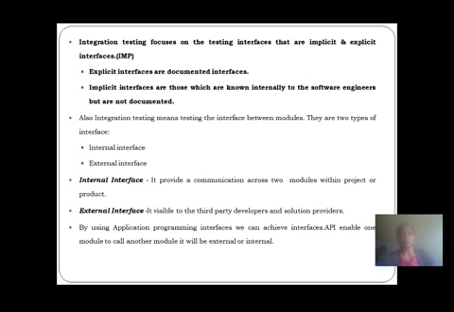Also, integration testing requires two types of interfaces, the internal interfaces and the external interfaces. Internal interfaces provide communication across the two modules within a project or product, and the external interfaces should be visible to the third party developers and the solution provider.